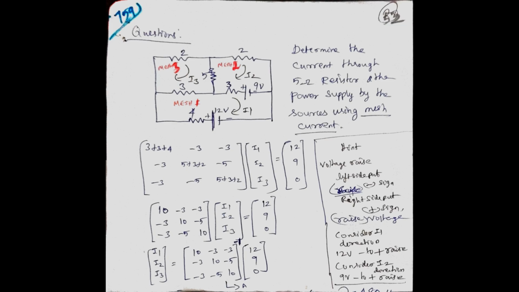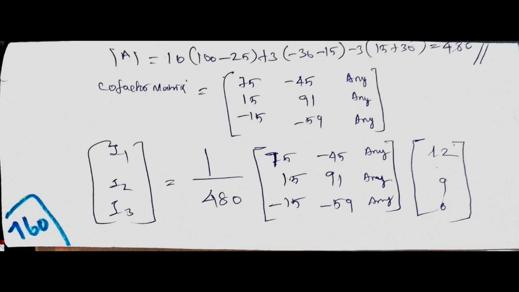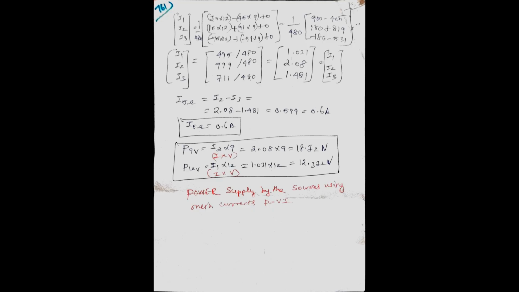In the circuit shown, the 5 ohm resistance depends on the I2 mesh current and the I3 mesh current, so I5 ohm is I2 minus I3. Using the mathematical function we find I1 is 1.031, I2 is 2.08 ampere, I3 is 1.481 ampere.